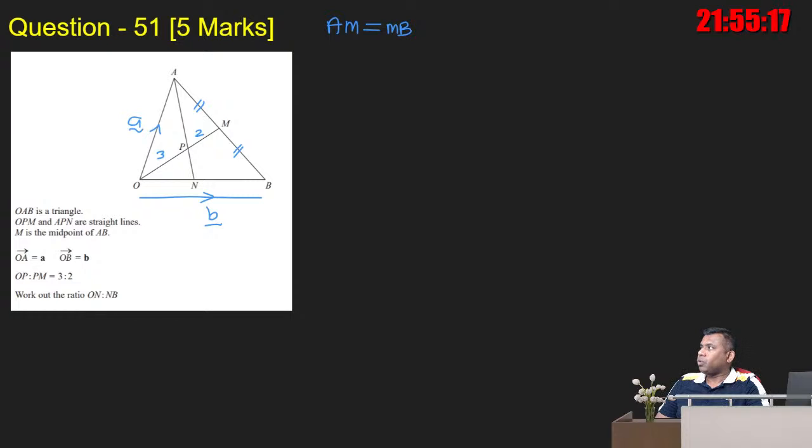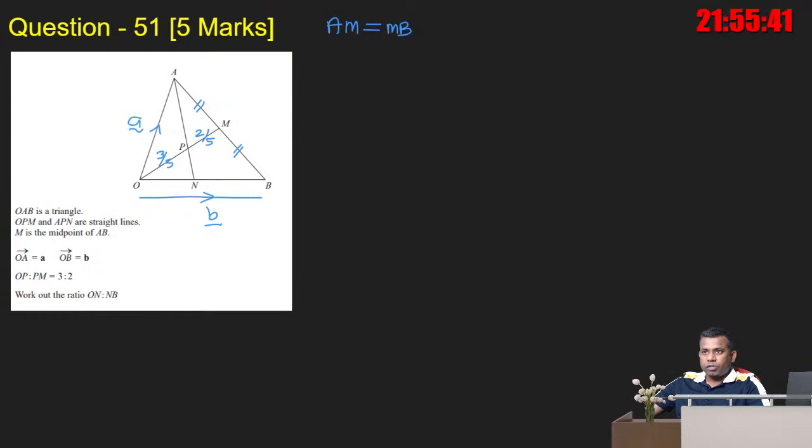So ON to NB is the question they are asking, right? So carefully understand what we can do. You can say 3:2 means this is 3/5 and this is 2/5, right? So that we know.